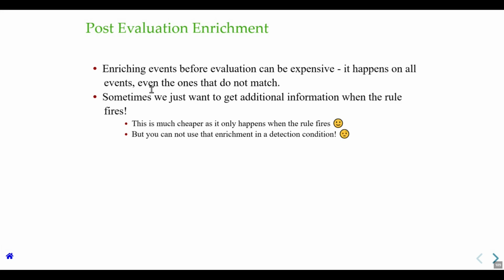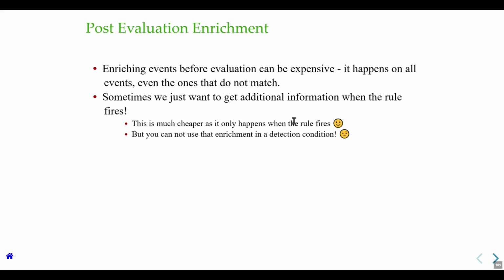So sometimes we want to enrich things post-evaluation. Post-evaluation happens only on rules that match. And then what we want to do is add more context so the analyst can see this context and evaluate whether this rule was a false positive or not. But the rules already matched, so it's post-evaluation, right? So it only happens when the rule fires.